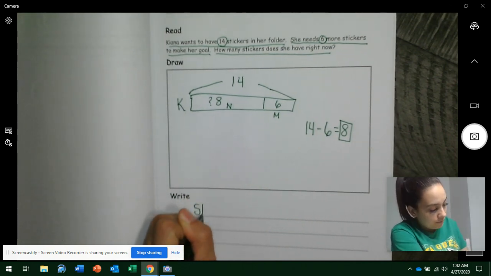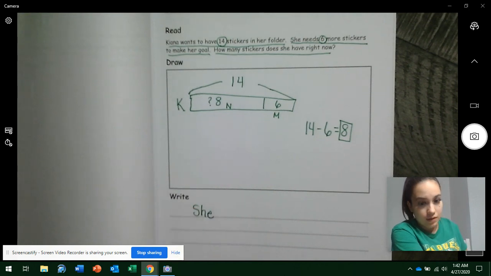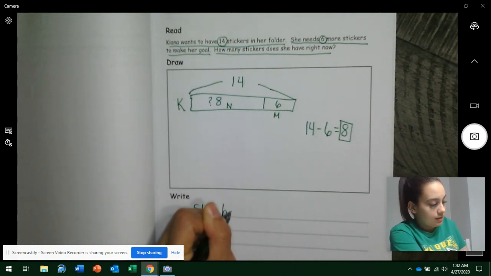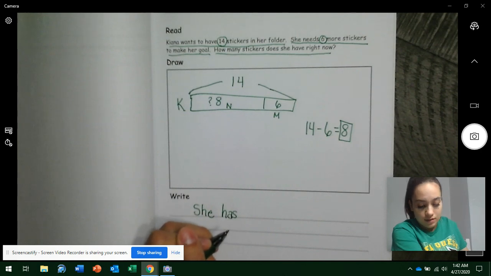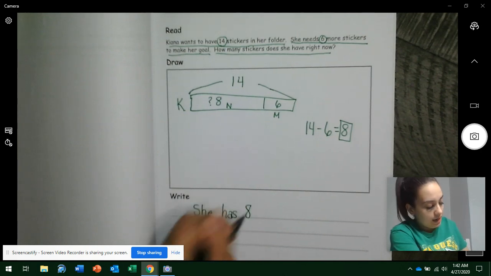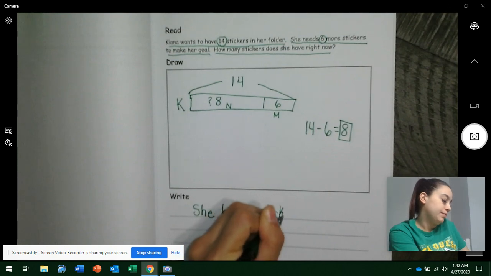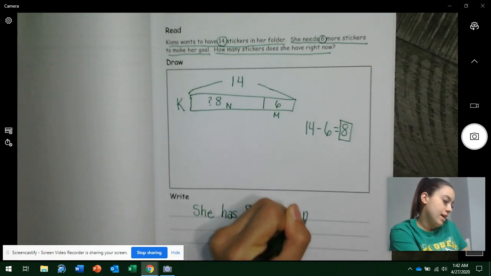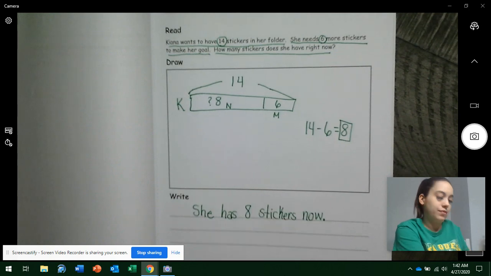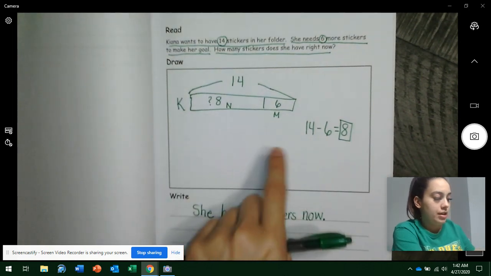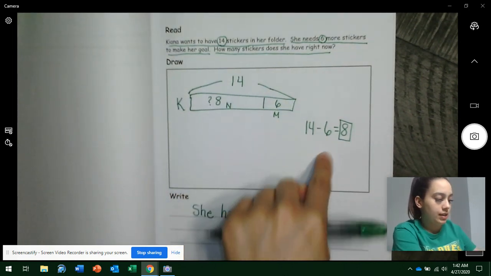She has 8 stickers now. Okay, and we figured out our problem. We have our picture, which is our tape diagram, our number sentence, and our statement.